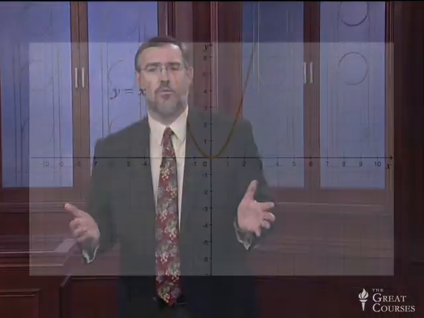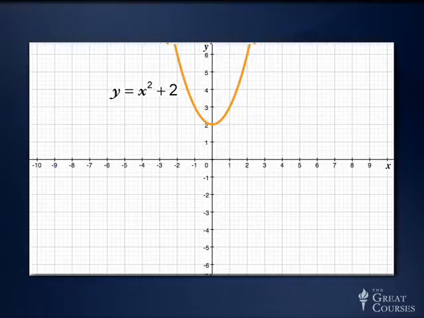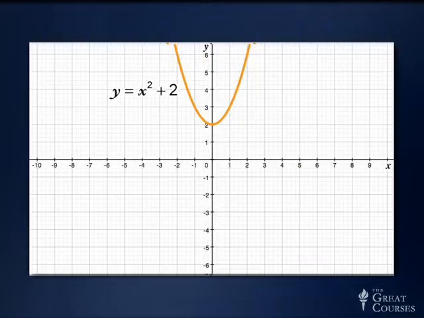What next? Well, let me go back to y equals x squared again. This time I'd really like to move it up 2 units. What would I have to do to the equation to be able to get the graph to move up 2 units? Well, it turns out that that new equation would be y equals x squared plus 2. Remember, I wanted to go up 2 units.